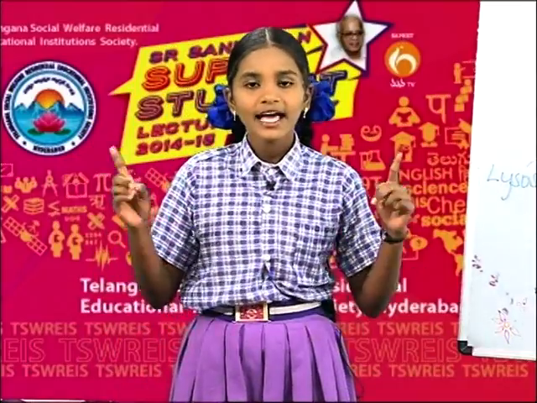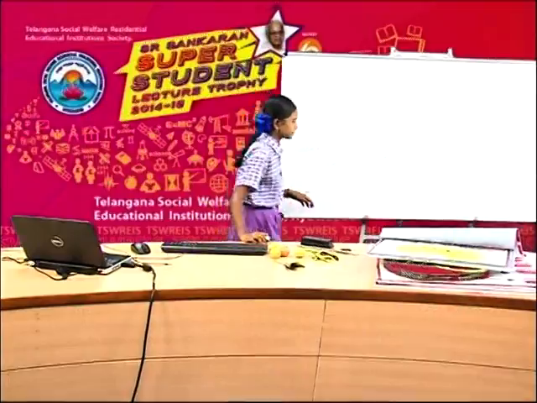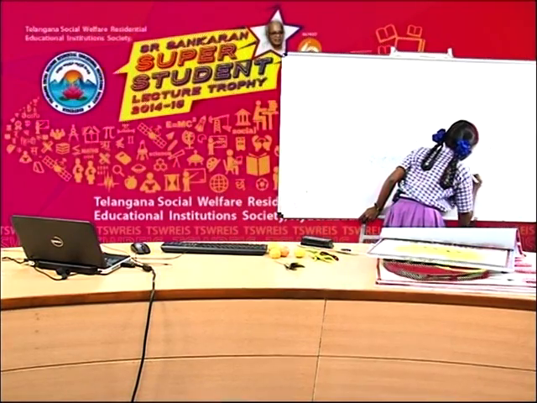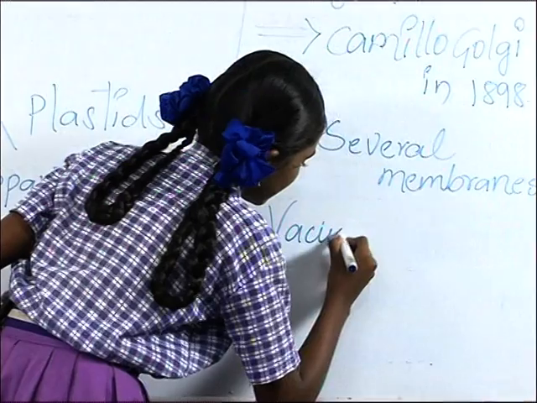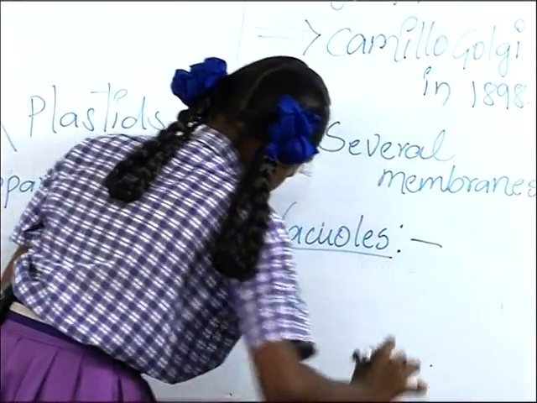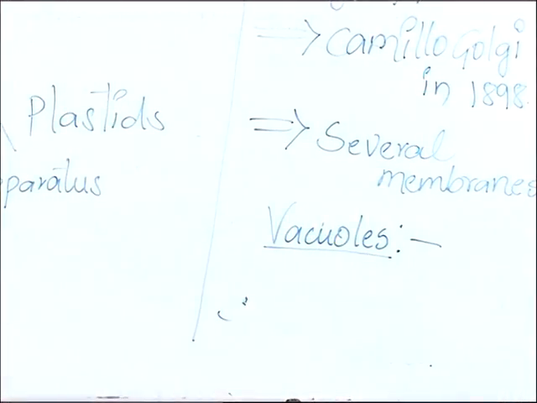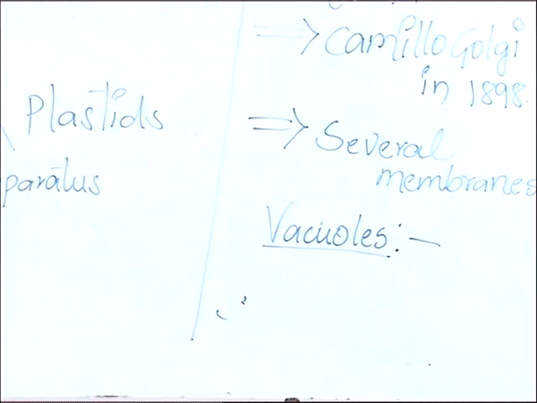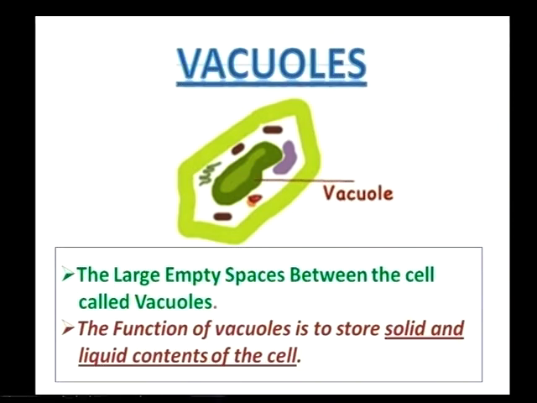Next, vacuoles. Vacuoles are the large empty spaces present in the cell.